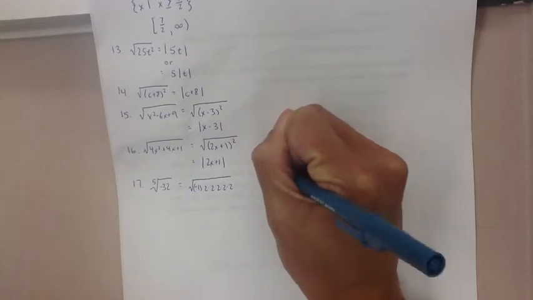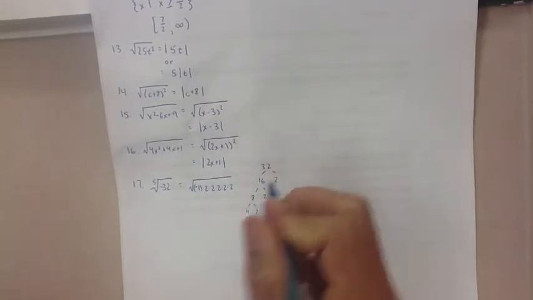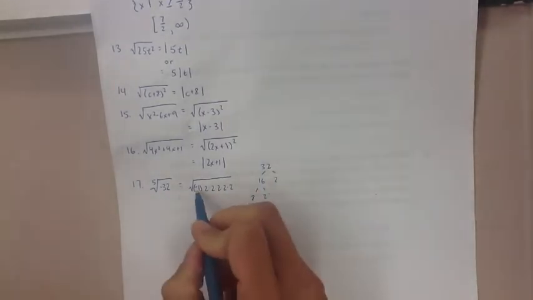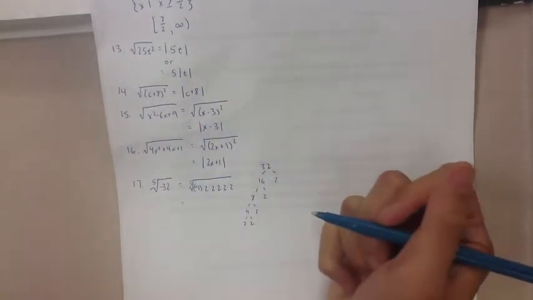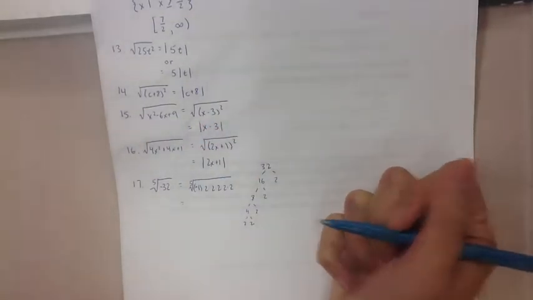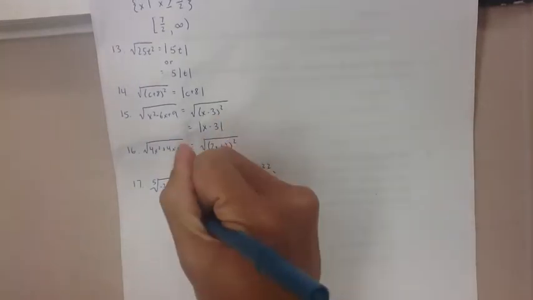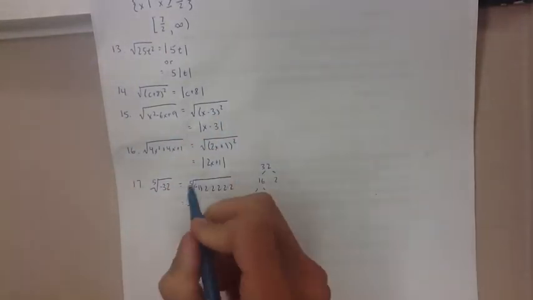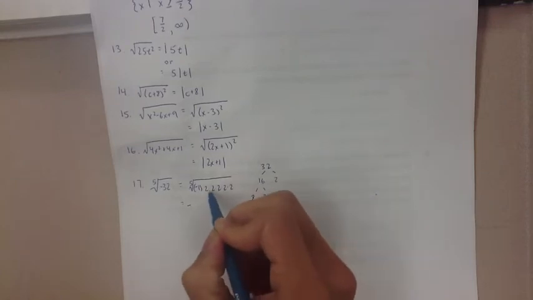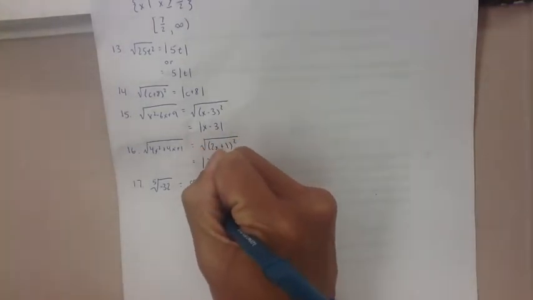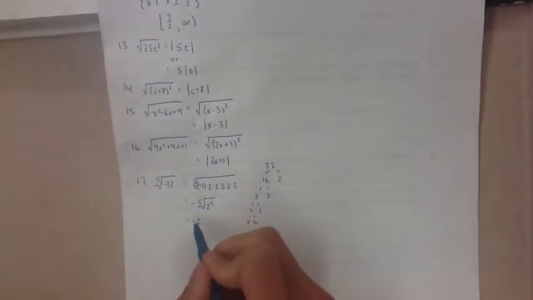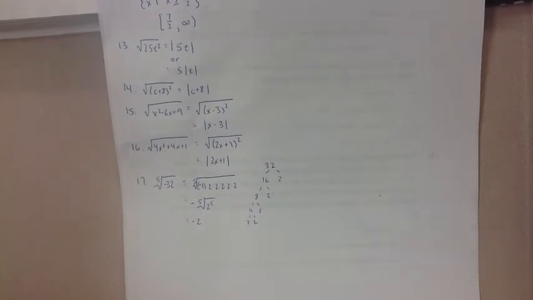Just to show you, if you do a factor tree on 32, you get 5 2's and a negative 1. The fifth root of negative 1, because you have negative 1 times negative 1 is positive, times another negative 1 is negative, so on, so on. Just pull out a negative. Odd root, negative inside, pull out one negative. Fifth root of 2 to the fifth is itself. Don't need absolute values because we are doing an odd root.